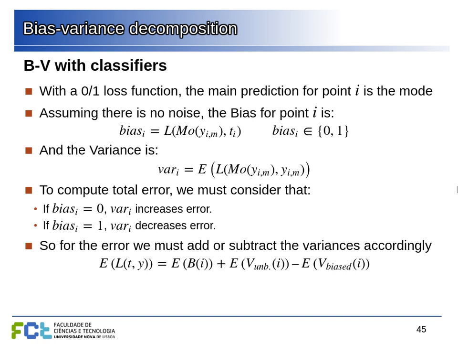So now, to compute the total error, we must consider two different cases. If for that point our model is biased, that is, it tends to predict the point incorrectly, then having a large variance is good, because it means it is predicting it correctly more times than if the variance was low. But it is the other way around if the bias is 0. If our model is predicting that point correctly, the more variance it has, the greater the number of times it will predict it incorrectly.